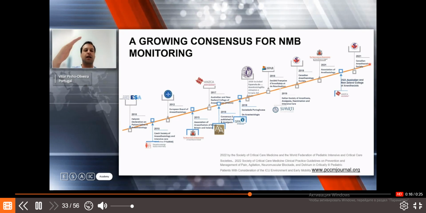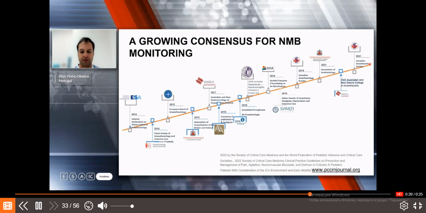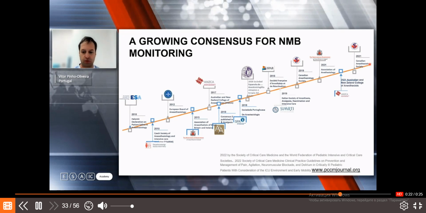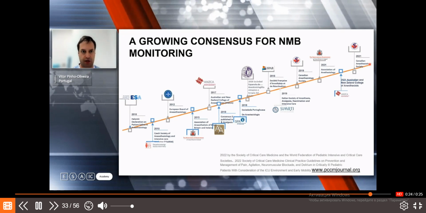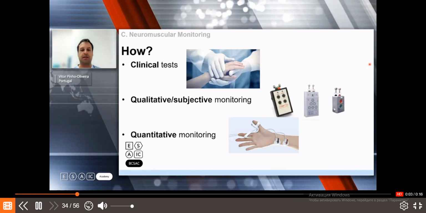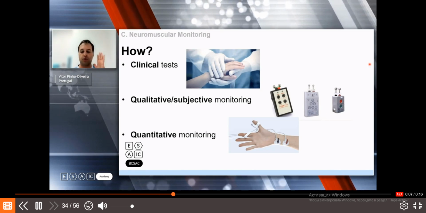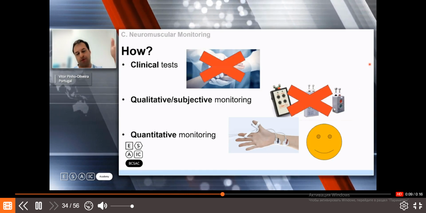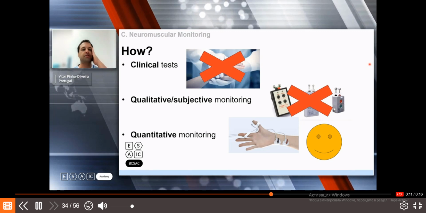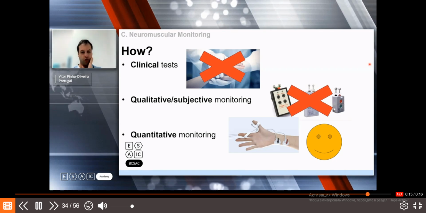This is the ongoing growing consensus for the need of monitoring the dangerous drugs that we use in our daily practice. How can we do that? There are classically three types of tests: the clinical tests, the qualitative tests, and the quantitative tests. The clinical should not be used, the qualitative should not be used, we should use quantitative monitoring.